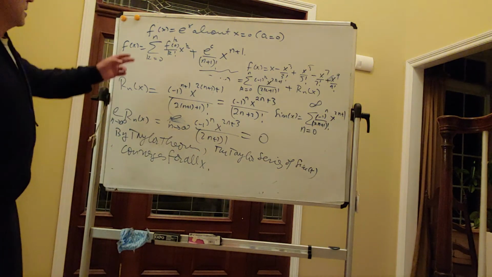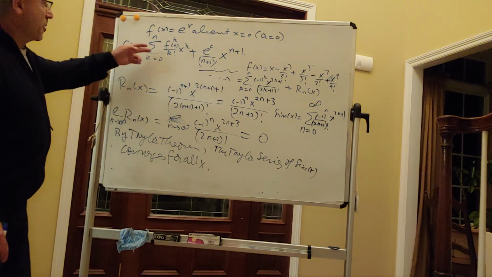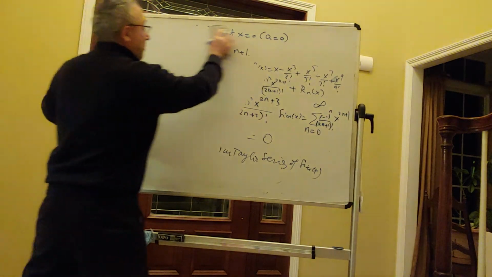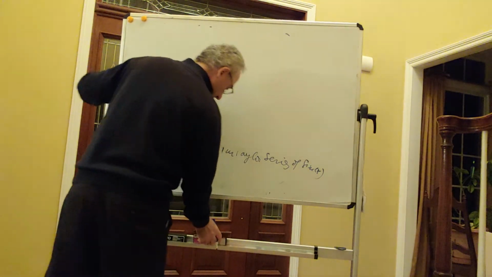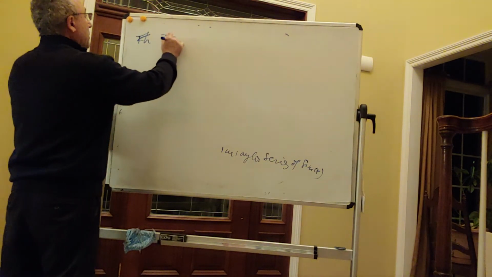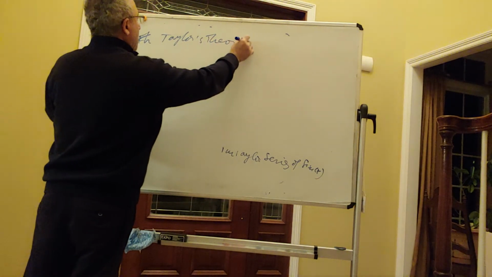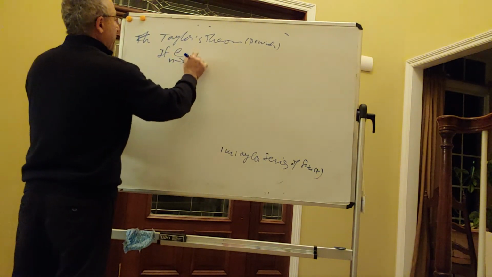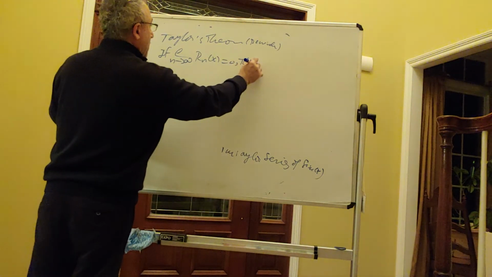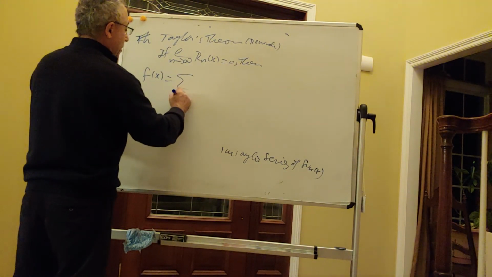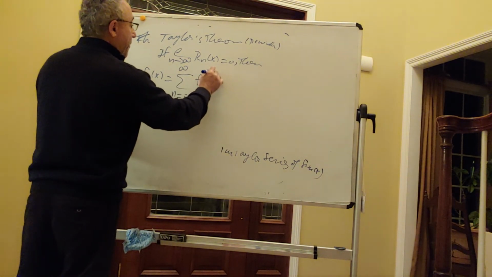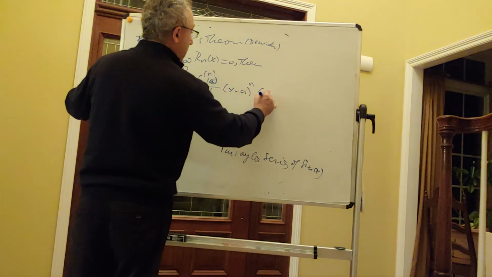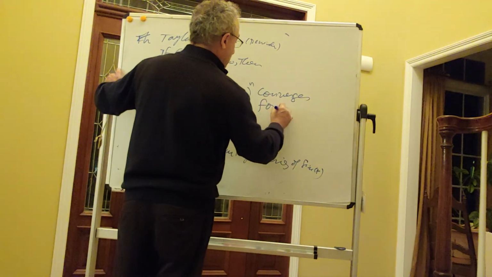So Taylor polynomial says, let me remind you what Taylor's theorem says, just a reminder, that if the limit as n goes to infinity of Rn of x equals 0, then f of x equals the sum from n equals 0 to infinity of f n of a over n factorial times x minus a to the n, converges for all x.